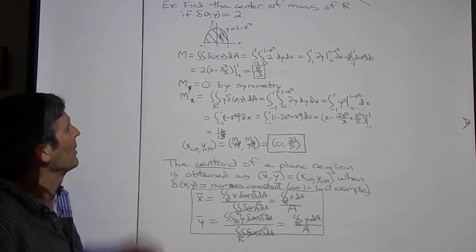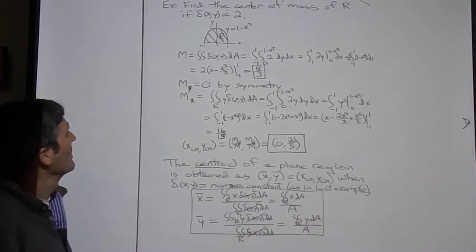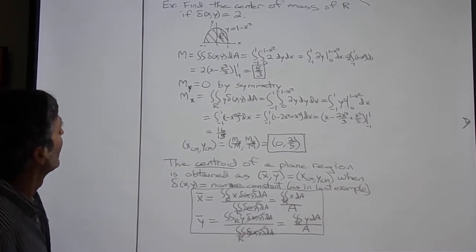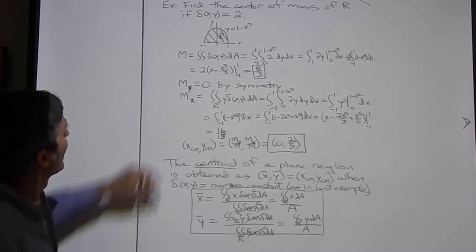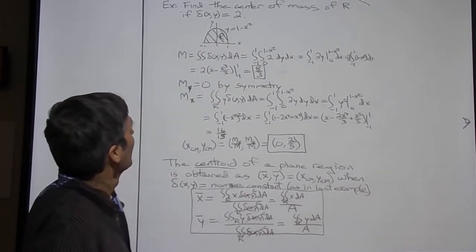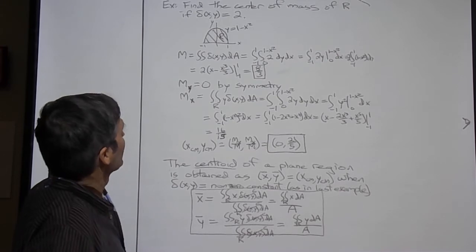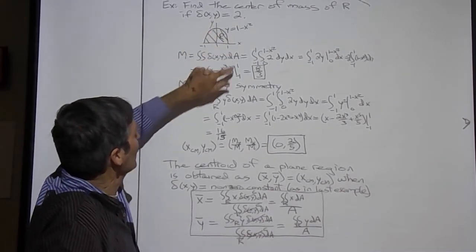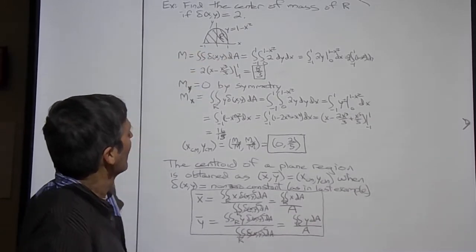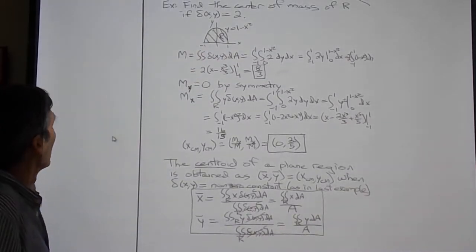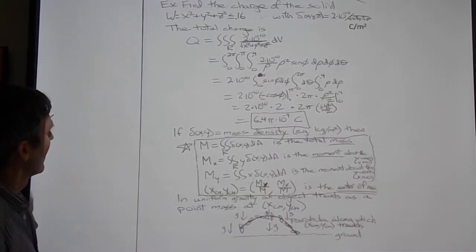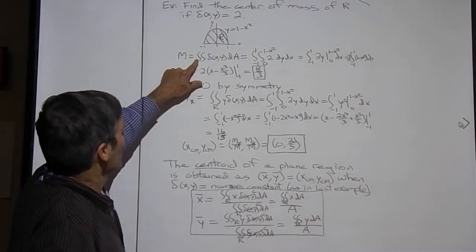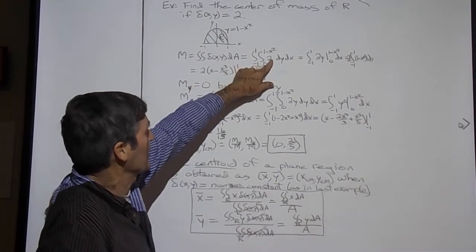Here's a harder example. Now suppose I want to find the center of mass with constant density, delta of xy equal to 2, below a parabola, y equals 1 minus x squared, and the line y equals 0. To calculate the mass, I double integrate the density. I'm just double integrating 2.